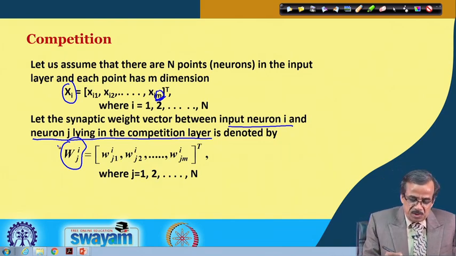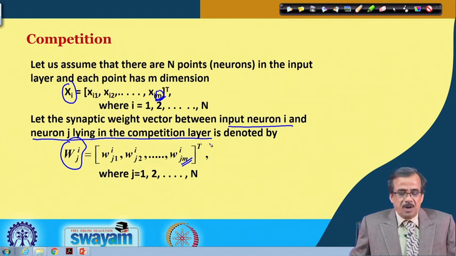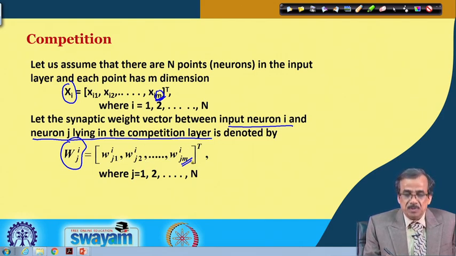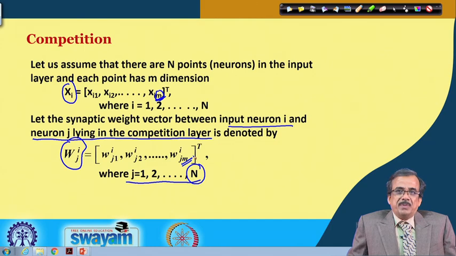Let me assume that this has m dimension, the same as your input data. So, to represent Wji, we will have to use small m numerical values, that is Wji1, Wji2 and the last is Wjim, where j varies from 1 up to capital N, the total number of data points lying on the input layer.